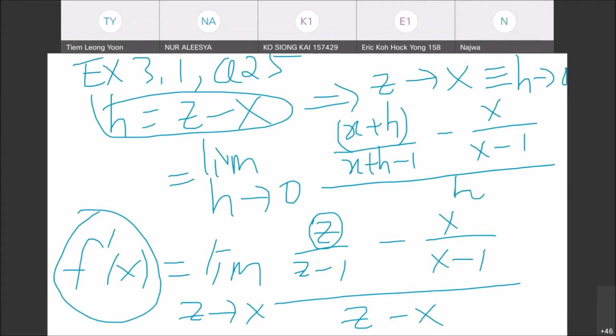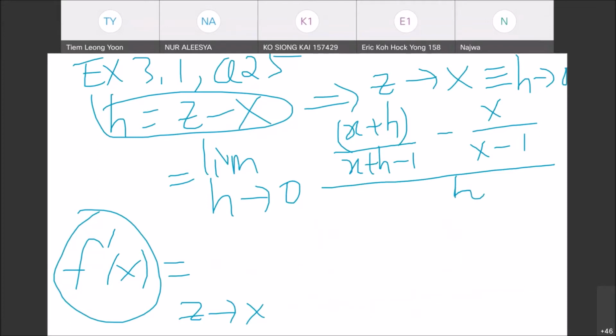Okay, so that is my trick. I'm not actually working in terms of z, but in terms of h. So that is my answer.